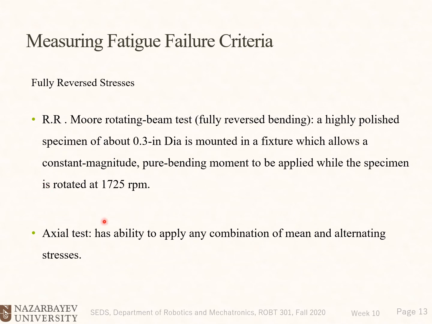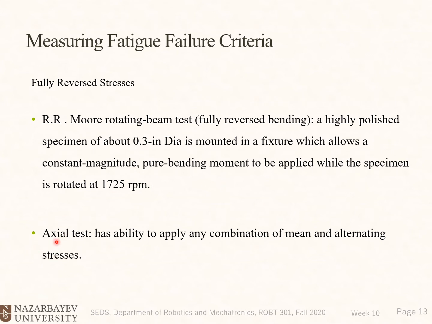So again, it was a simply supported beam, applying that specimen with specific size based on standard into the machine, applying forces to have a pure bending and start rotating that specimen.